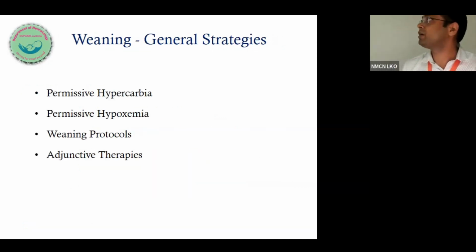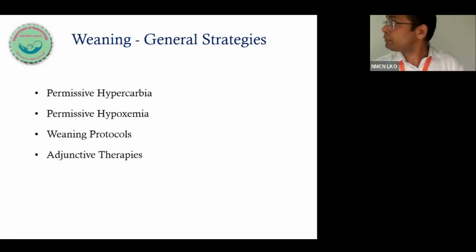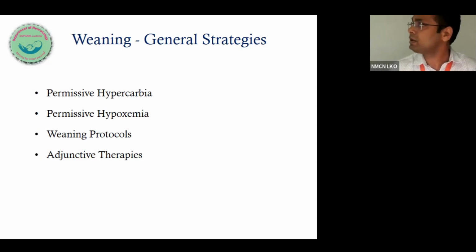Various strategies have been employed for weaning, which include permissive hypercapnia, in which the PCO2 levels are kept between 45 to 65 millimeters of mercury. It helps in reducing ventilator-associated lung injury by providing lower tidal volumes and giving lower PIP, and this helps in better cardiovascular stability, better ventilation-perfusion matching, the mismatch is minimized, and also there is smoother ventilation.